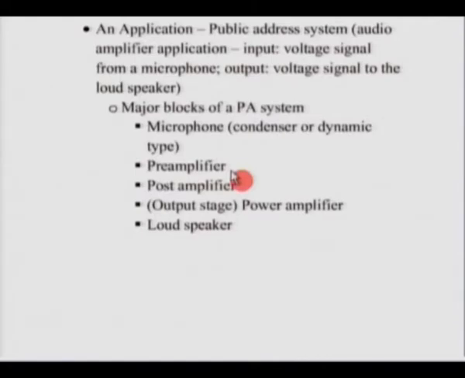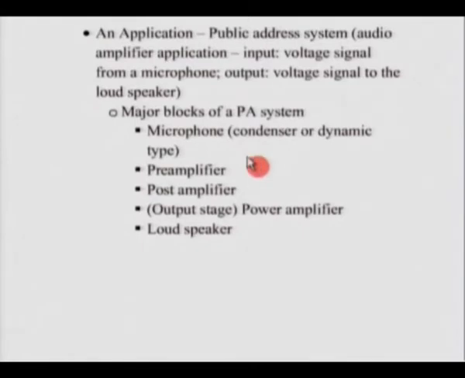This is because the microphone output is very small, and if you consider it as a voltage source, the impedance is very high. So the pre-amplifier in a public address system ensures that you have a very high input resistance and also an extremely low noise pre-amplifier. So in a public address system, you would have a pre-amplifier, which is a low noise amplifier, followed by a post amplifier.